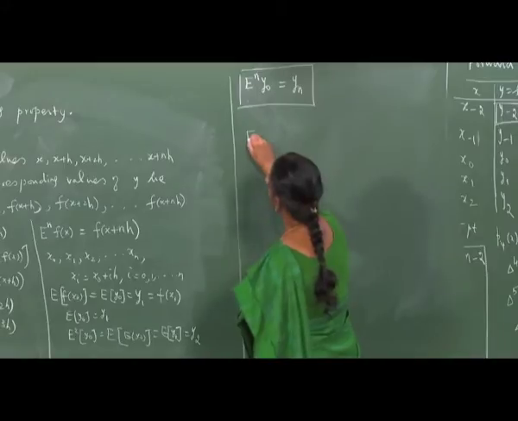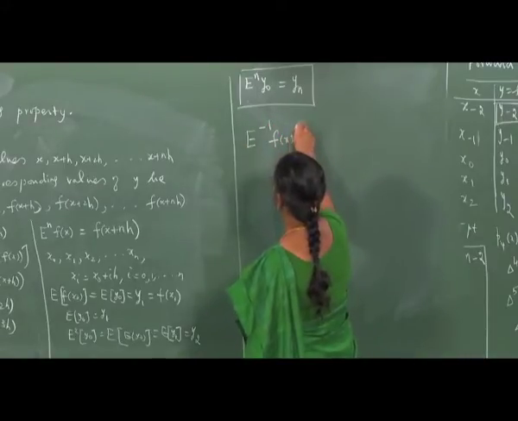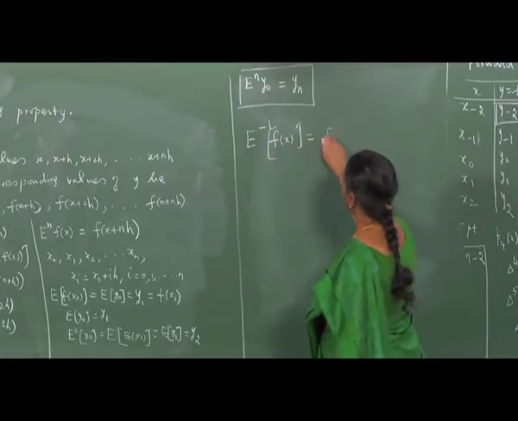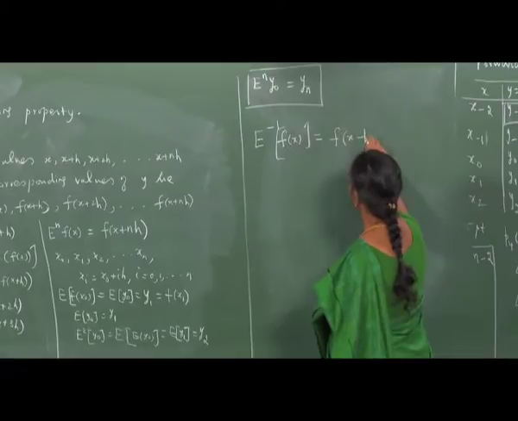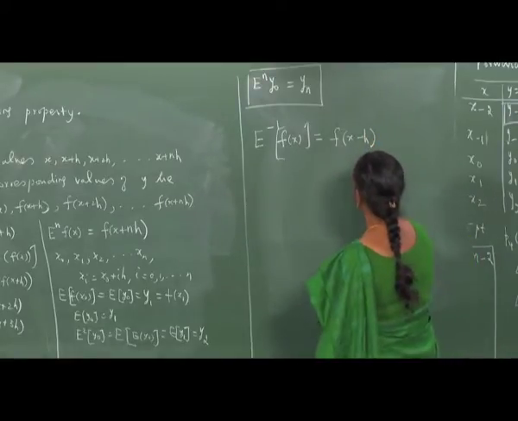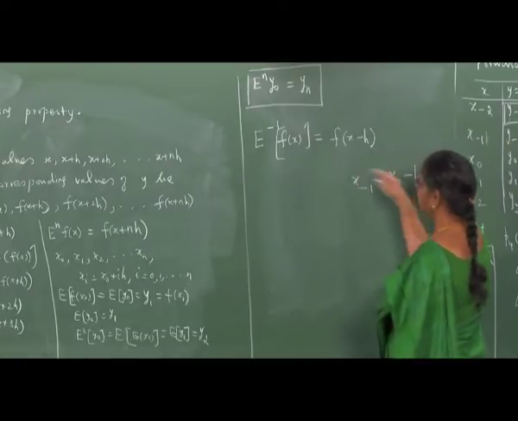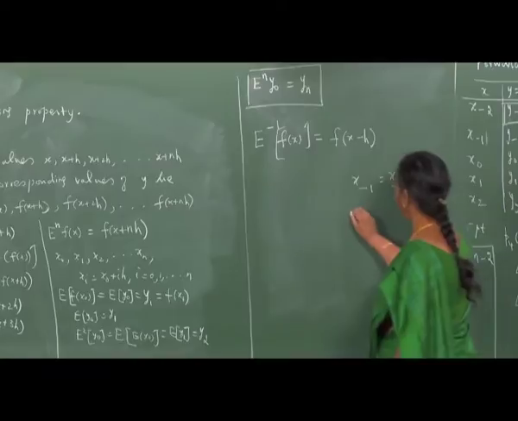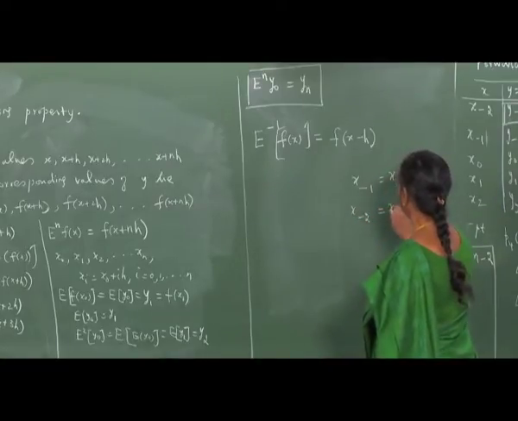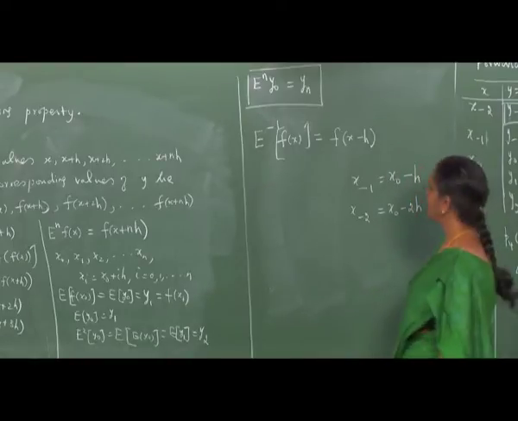And let us see what is E to the minus 1 on f of x. It is going to be f of x minus h. That is, x minus 1 is a point which is x naught minus h. X minus 2 is a notation for the point x naught minus 2h.